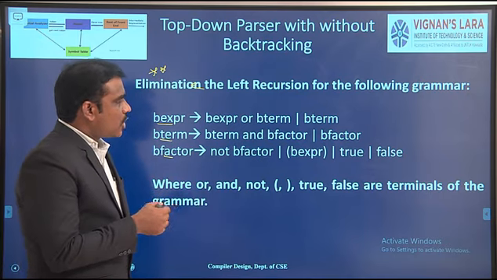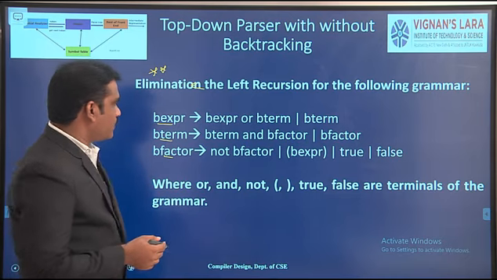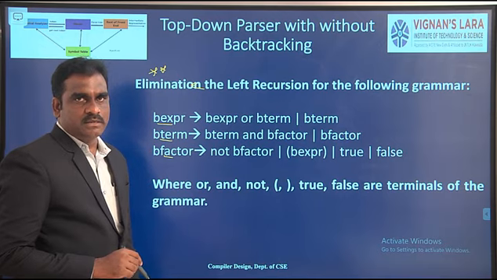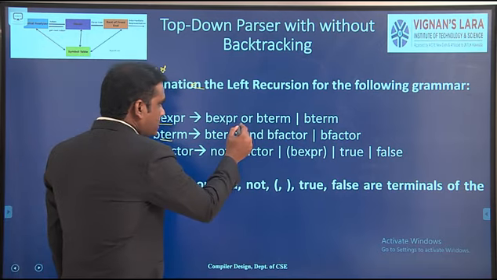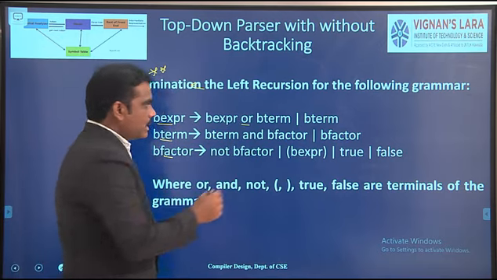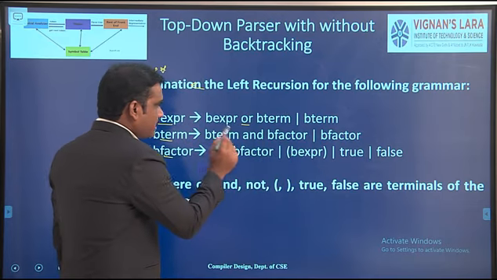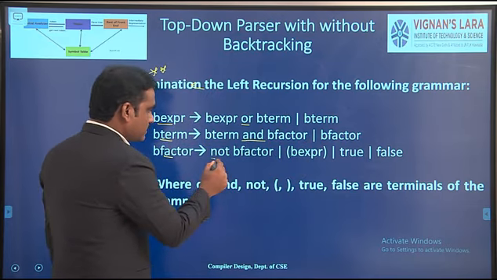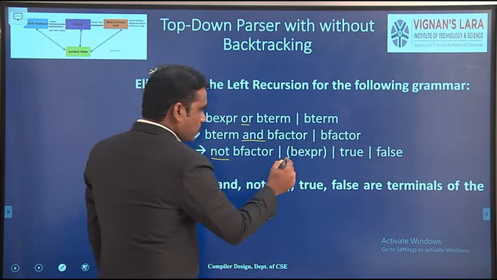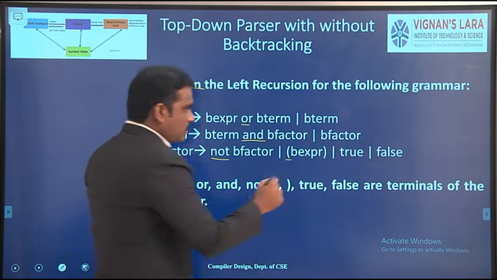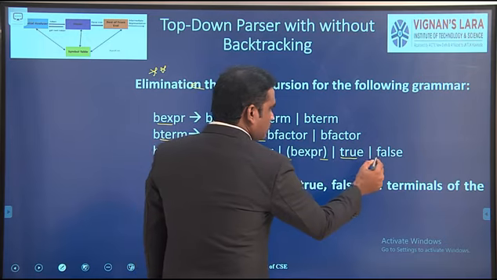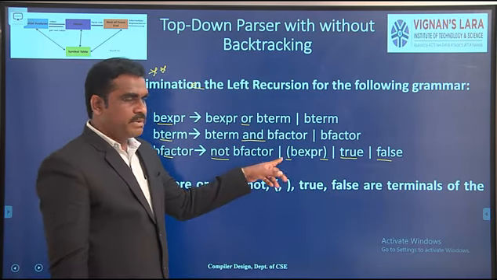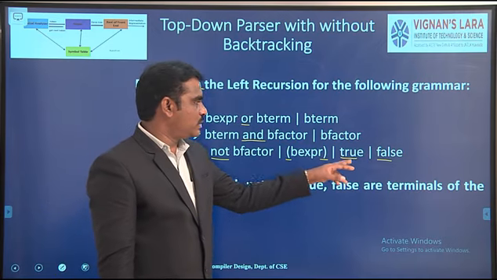And how many terminal symbols in total? Except these three, the remaining are all terminal symbols: R, and, not, open parenthesis, closed parenthesis, true, false.